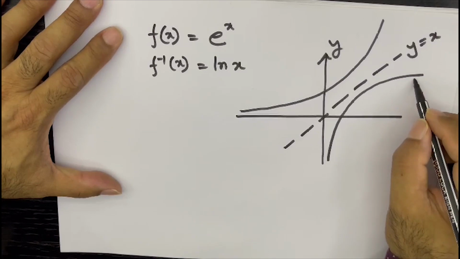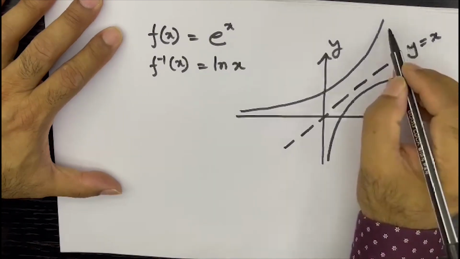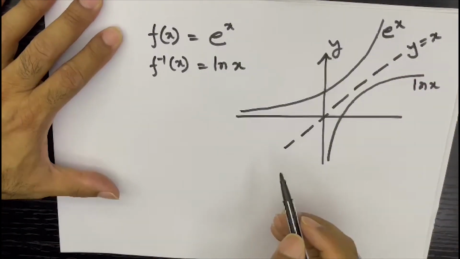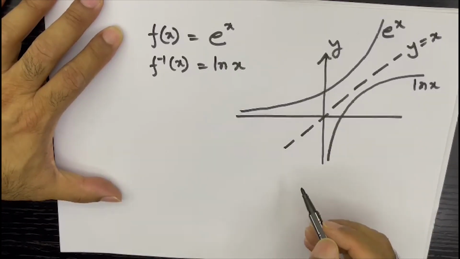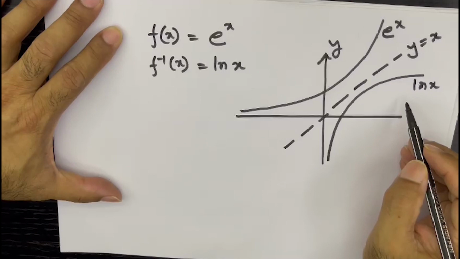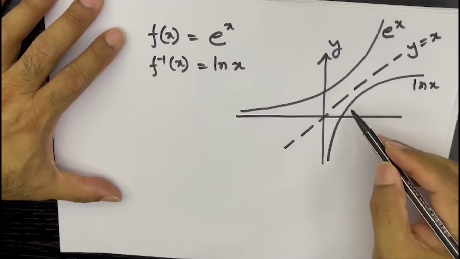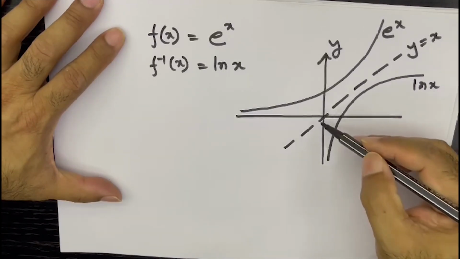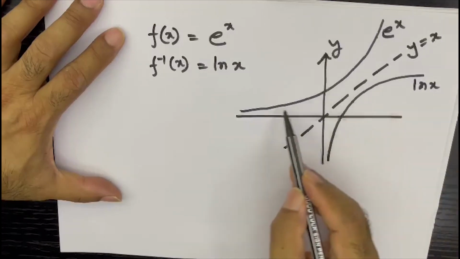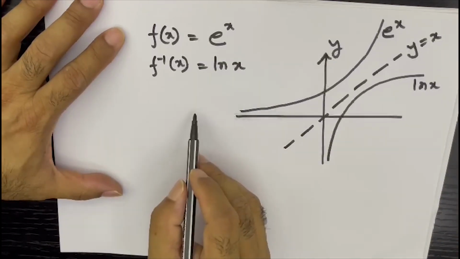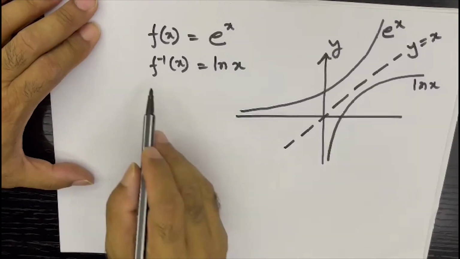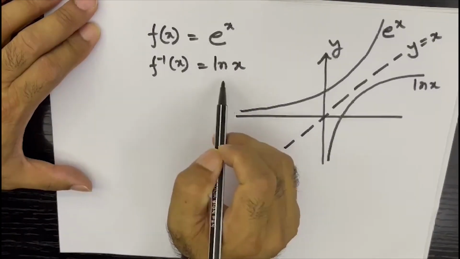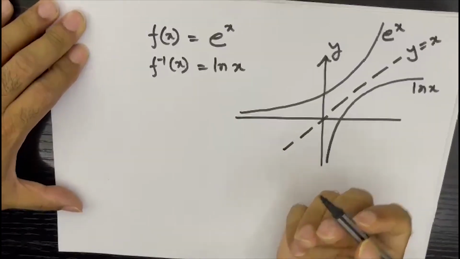This one is ln x and this one is e to the power x. ln x is an asymptote with the negative y-axis, and e to the power x is an asymptote with the negative x-axis. This is the graph of e to the power x and ln x.